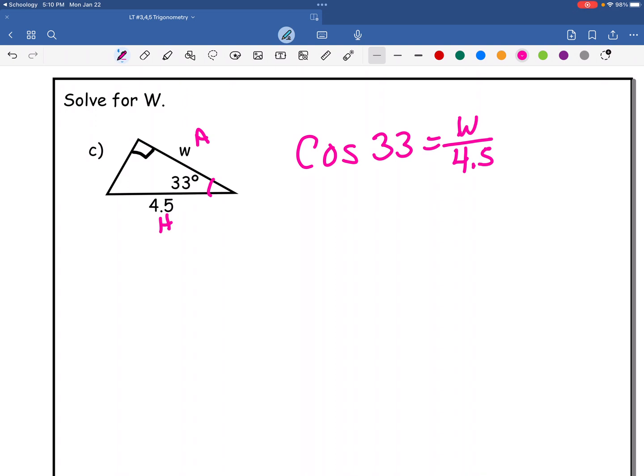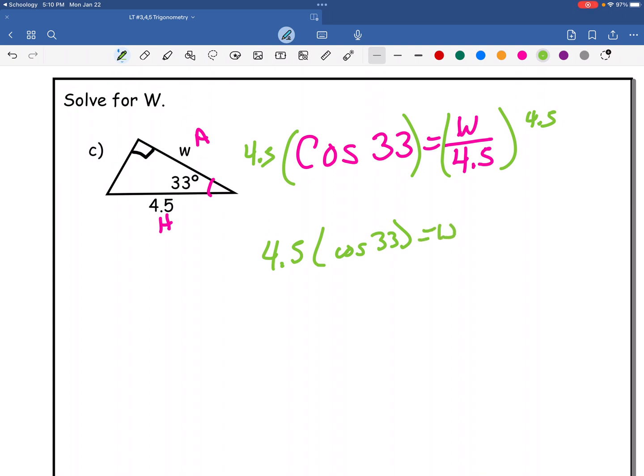And so we're going to be solving for W, so we've got to multiply both sides by 4.5. So type in 4.5 times the cosine of 33. And that gives you 3.77 or 3.8.